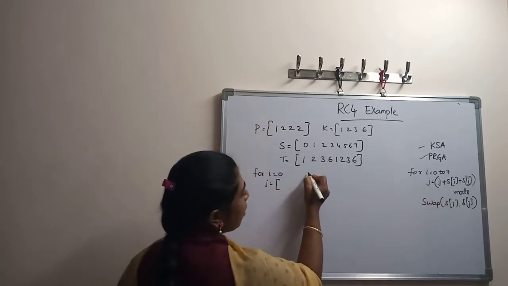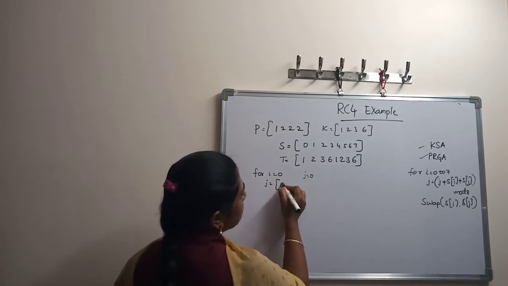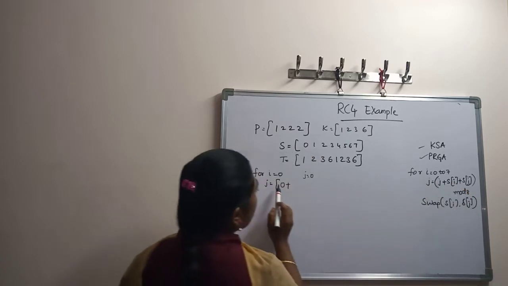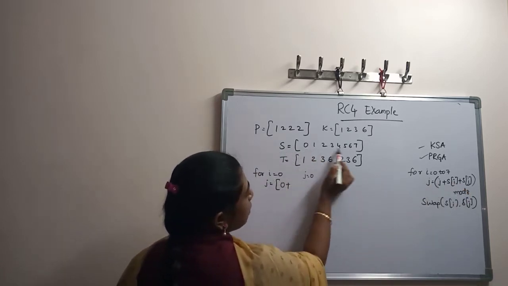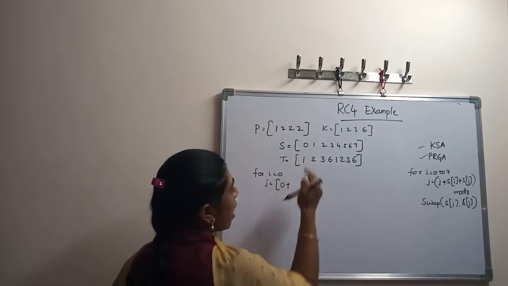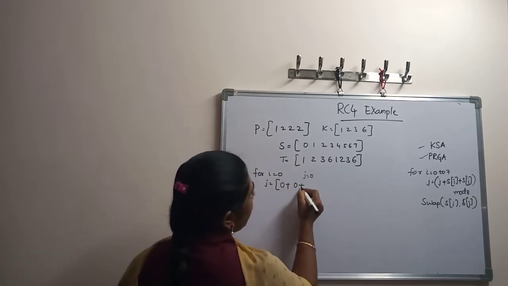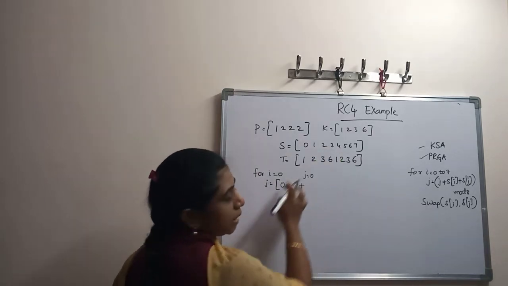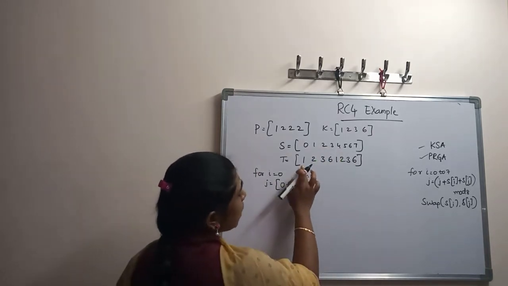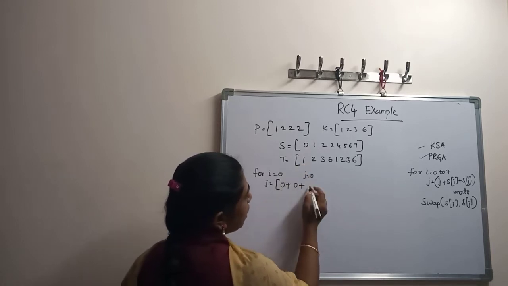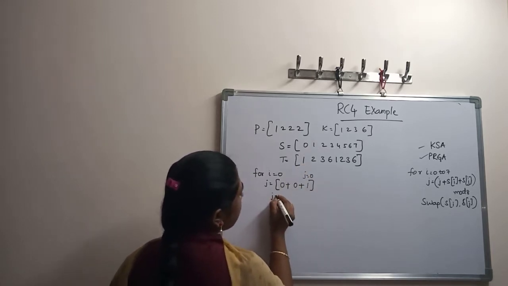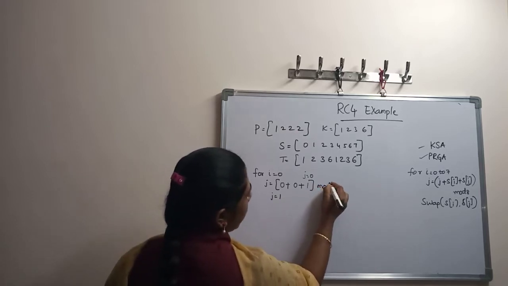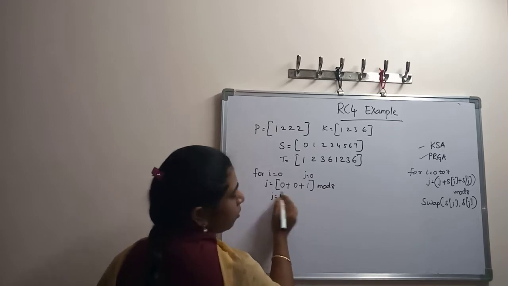So 0 plus S of I, that is S of 0, which is 0 over here, plus S of J. Now S of J is represented by the temporary vector, so S of J of 0 is equal to 1. So my J is equal to 1 over here, mod 8. 1 mod 8 is nothing but 1 only.